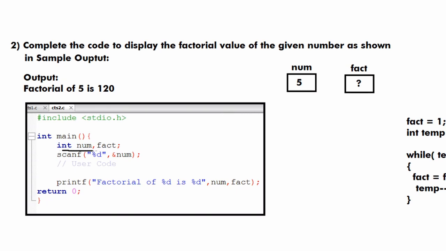For example, we are given 2 integer variables, num and fact, and then we have a scanf to take the input from the user. After this you will have to write your code to find the factorial, and then there is a printf which will display the factorial of the given input. For this particular question you will have to write your own logic to find the factorial.